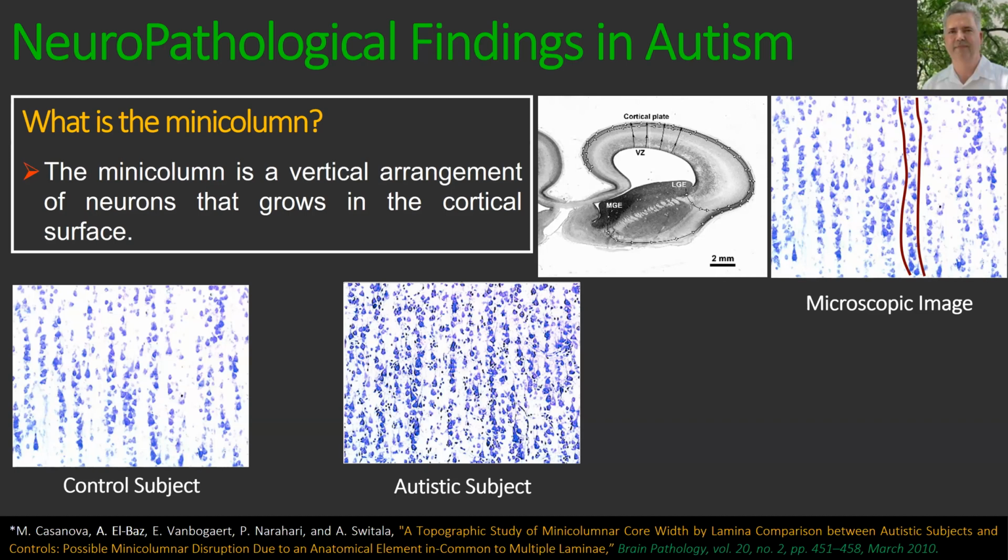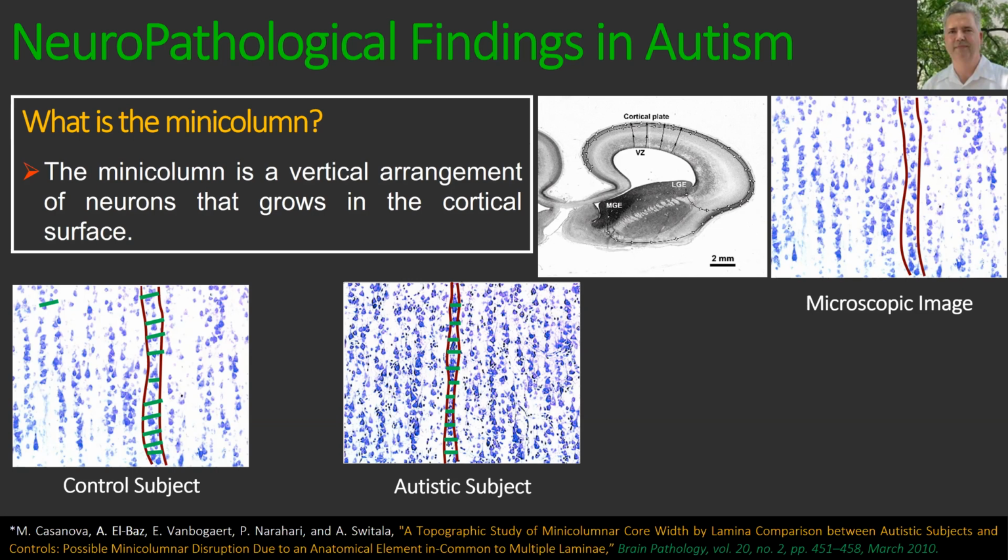We made the analysis by dividing these images into vertical columns, which we call mini columns, and we ended with this conclusion: the thickness of the mini columns in the autistic subject is thinner than in the control, but there are many more of them. This supports the theory that the autistic brain is big.